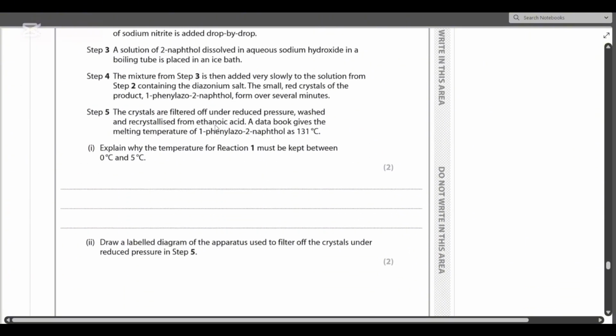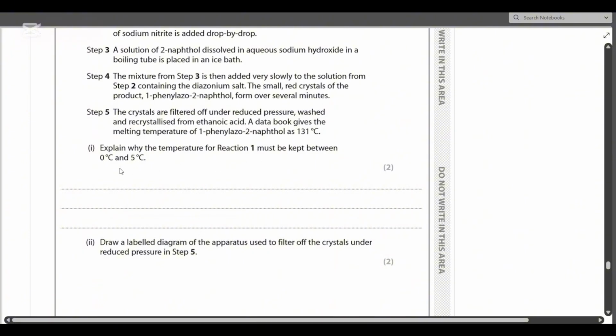In step 5, the crystals were filtered off under reduced pressure using a Buchner funnel, then washed and recrystallized with ethanoic acid. A data book melting temperature of 1-phenylazo-2-naphthol of 131 degrees Celsius is stated. Explain why the temperature for reaction 1 must be kept between 0 and 5 degrees Celsius.